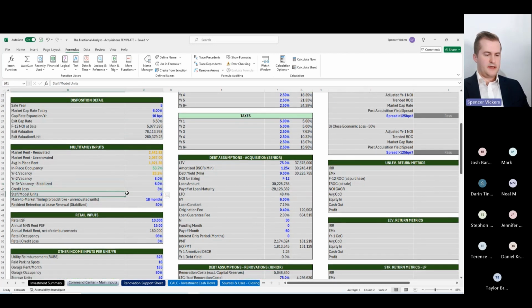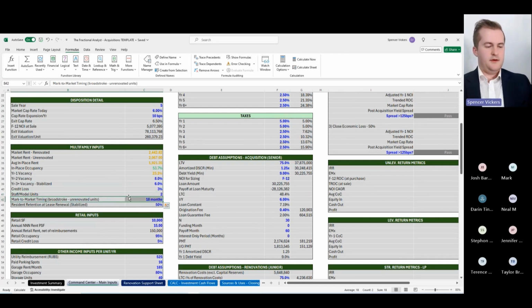Credit loss, staff and model units, mark-to-market timing. If you're using the broad stroke renovation analysis and you're scoping by building, then this gives a place to mark the unrenovated units to market over time as you're executing your business plan.